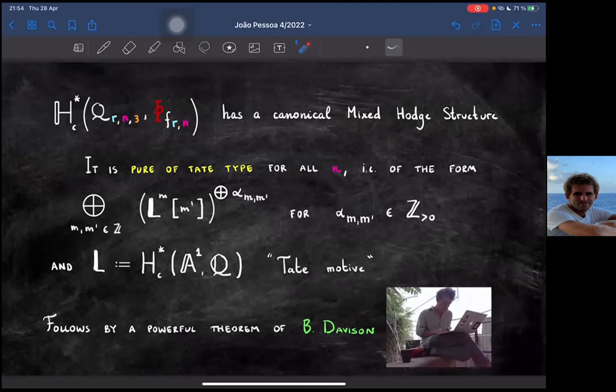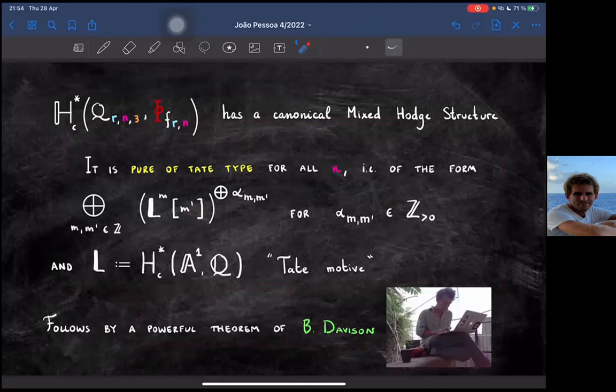Because the sheaf of vanishing cycles was a perverse sheaf, the cohomology, which is now a graded vector space, has what's called a mixed Hodge structure, and there is a very powerful result of Ben Davison, which can be used to prove that this Hodge structure is pure of Tate type.